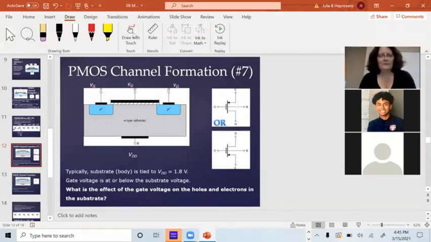Now PMOS, it's kind of the same idea. Now I've got two P regions here. The source looks like it's only coming from the gate on. Oh, okay, I see, never mind. I think I'm okay on that one.